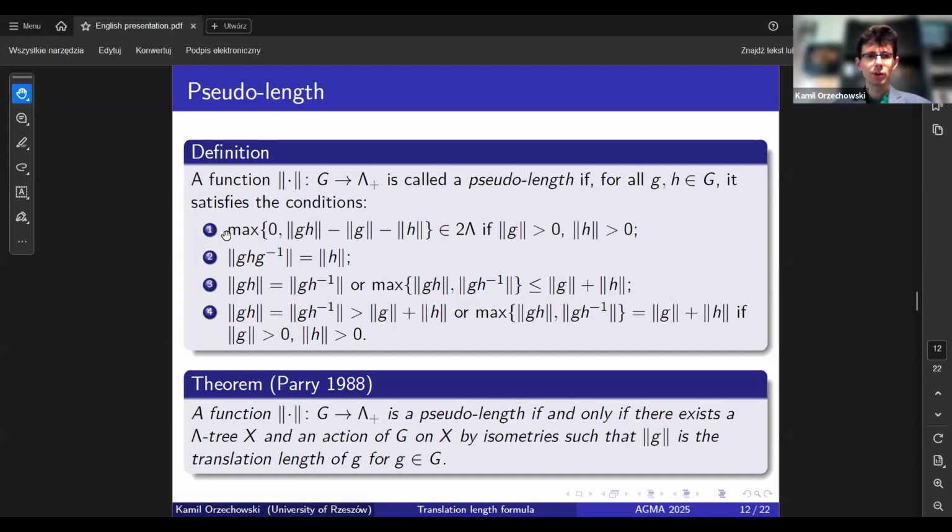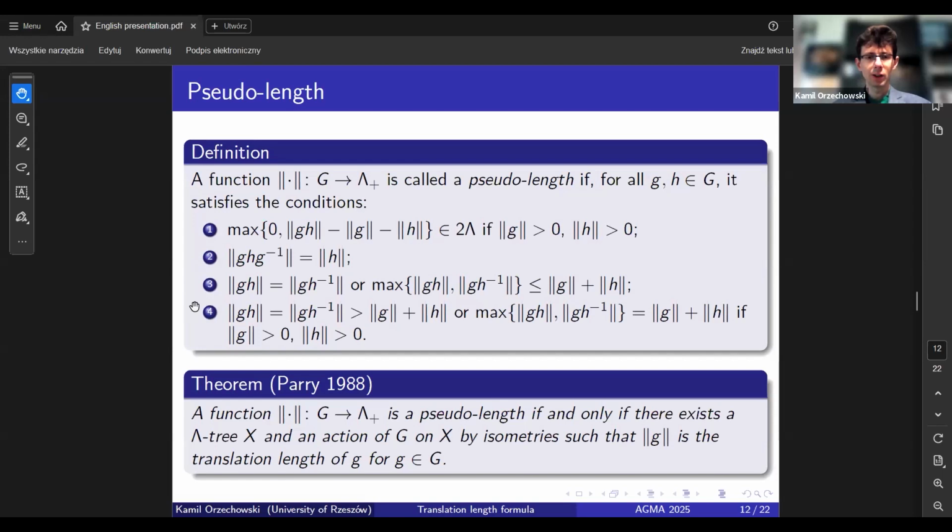The first condition is technical. It is meaningful for groups which are not 2 divisible. The second is invariance under conjugation. And the alternatives 3 and 4 may seem technical, but indeed they are very, very powerful for proving things.